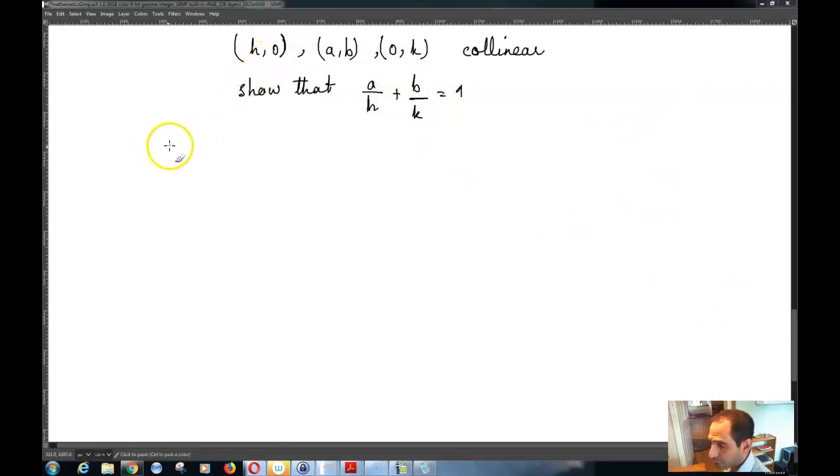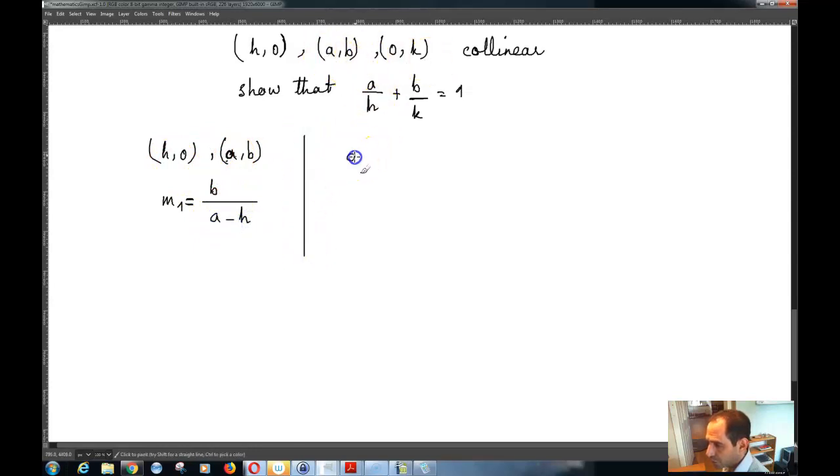If you have h comma 0 and a comma b, the slope of this line, let's call it m1, is equal to b minus 0 over a minus h. Now if you have these 2 points, a comma b and 0 comma k, the slope of this line, m2, is going to be k minus b over negative a, that is 0 minus a.